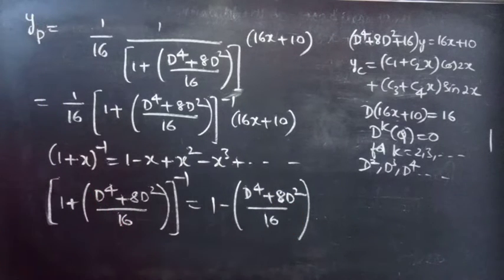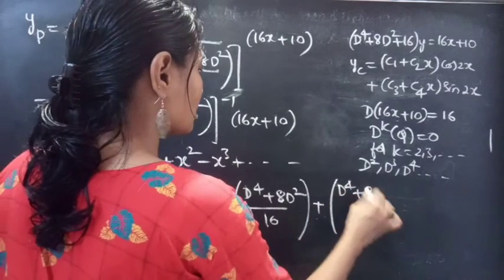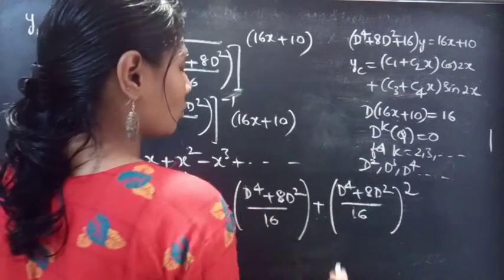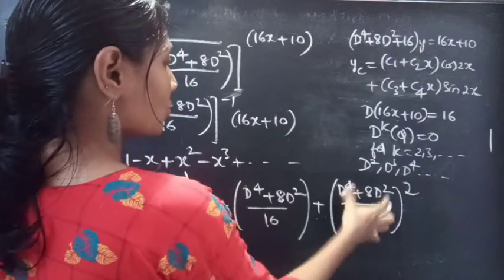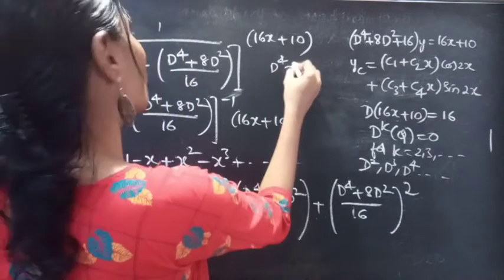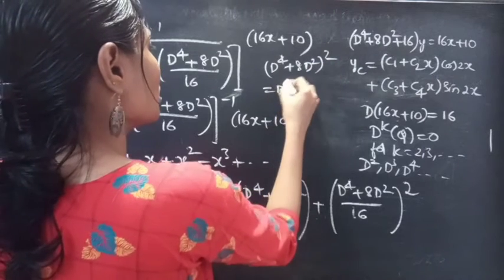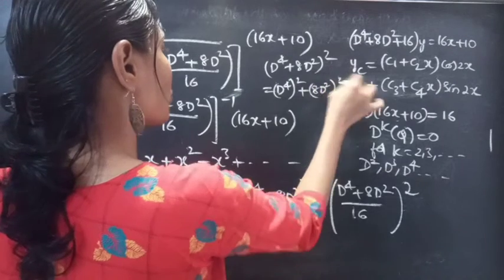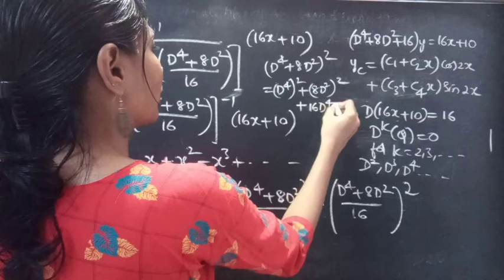Fine. So here we can take just one term, because in the next term we'll get x square, that is D power 4 plus 8D square by 16 whole square. See the expansion of D power 4 plus 8D square whole square: you'll get D power 4 whole square plus 8D square whole square plus 2 times 8, which is 16, D power 4 into D square.